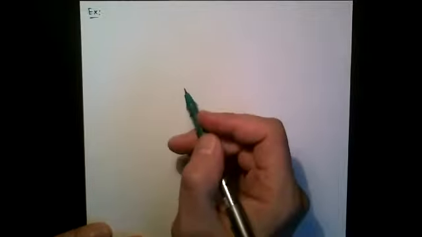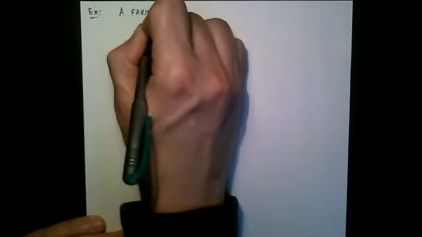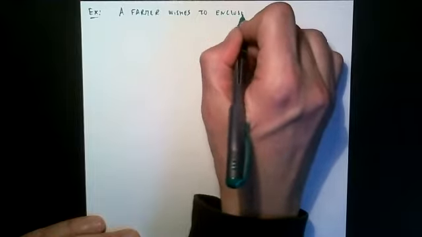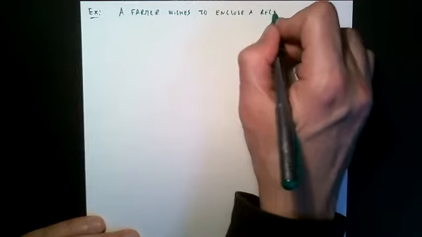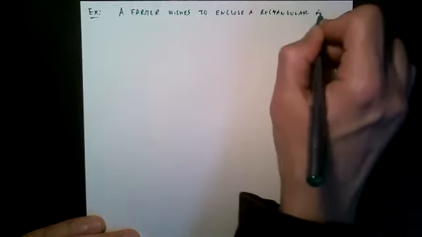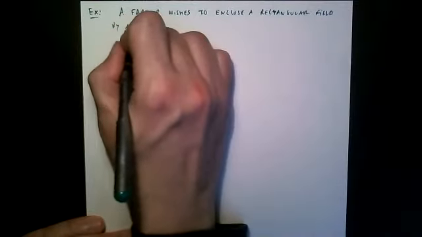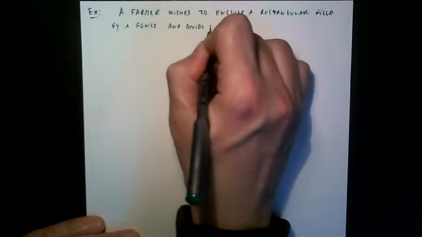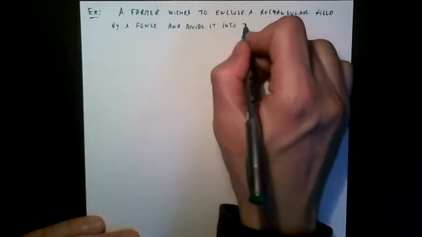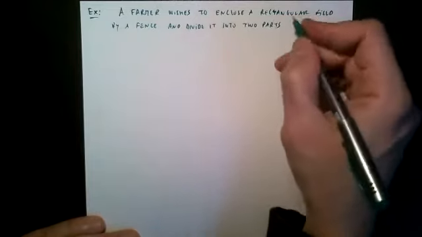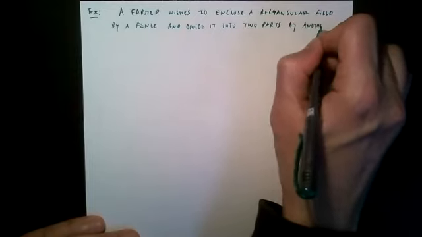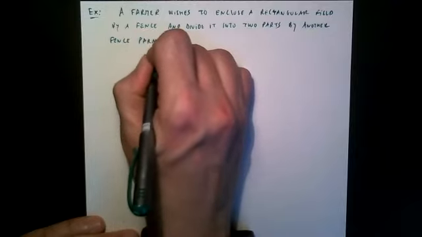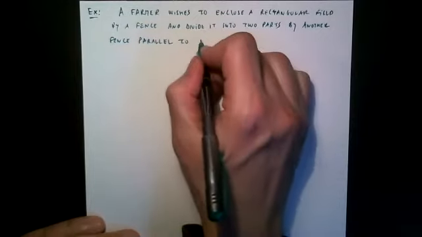So a farmer, again with the farmer, wishes to enclose a rectangular field by a fence and divide it into two parts by another fence parallel to one of the sides.